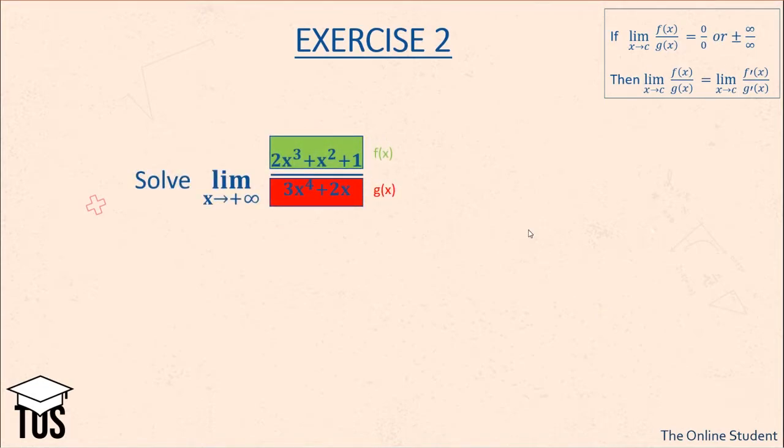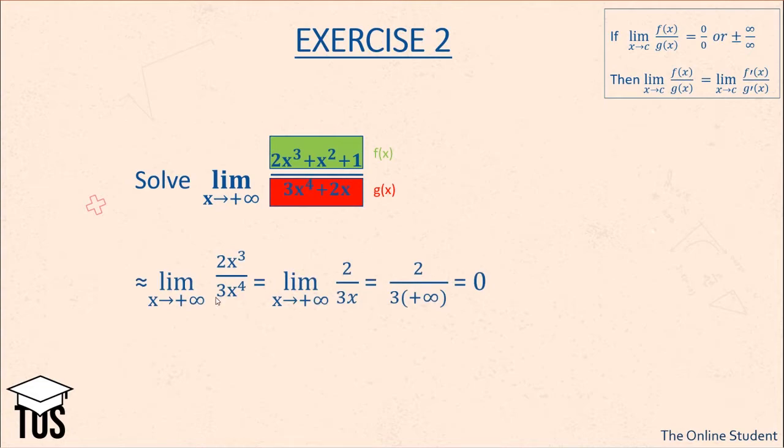This exercise is a great example of a certain rule of thumb you can use. But this works only for a limit as x approaches infinity. In this example, you could apply it. Let's say we have the original fraction of the second exercise. We could eliminate everything but the term with the highest power of x. This would give us the limit as x approaches infinity of 2x to the third power divided by 3x to the fourth power.